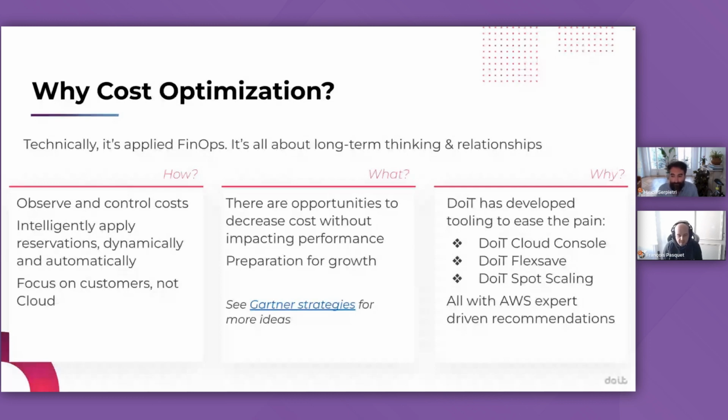We have our FlexSave project, which Luca will also cover later, which dynamically applies reservations for you without commitment and gives you the 1 year upfront benefit. And we have some spot scaling technology as well to help you with your cost usage. But to underscore the fact that you get access to all of our engineers and consultancy at zero cost. So all the features there at zero cost from DoiT. Please, next slide, Luca.